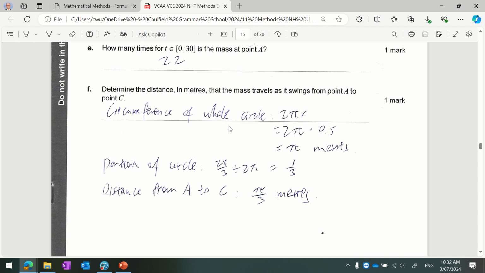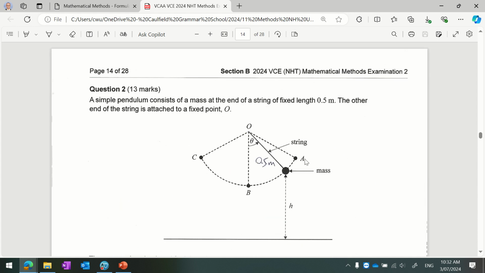Determine the distance in meters that the mass travels as it swings from A to C. So the distance that the mass travels from A to C is this arc here. It is asking us to calculate the length of this arc. And this string doesn't change length, which means it is basically a radius of a circle.